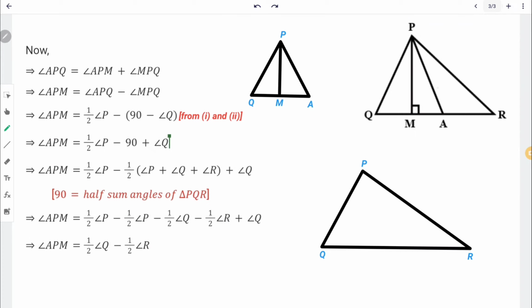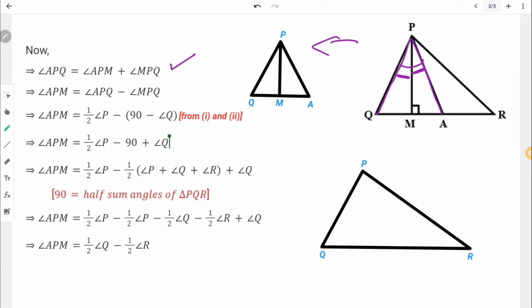Okay, now when you look here, look at angle APQ. When you look at APQ, this whole angle, can you see it is made of two angles? This angle plus this angle, in the triangle that we need, which I've drawn here. So APQ, this whole angle is made out of two parts, APM plus MPQ. All right, so that's what I'm writing down here.